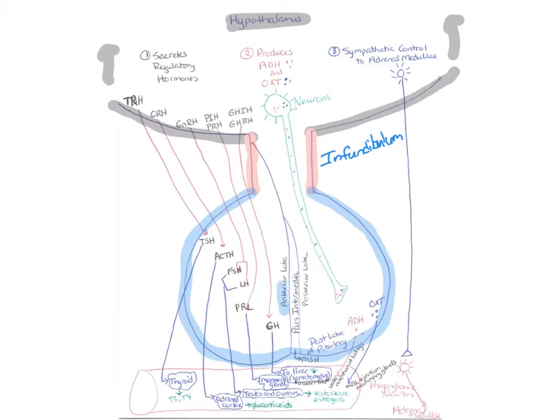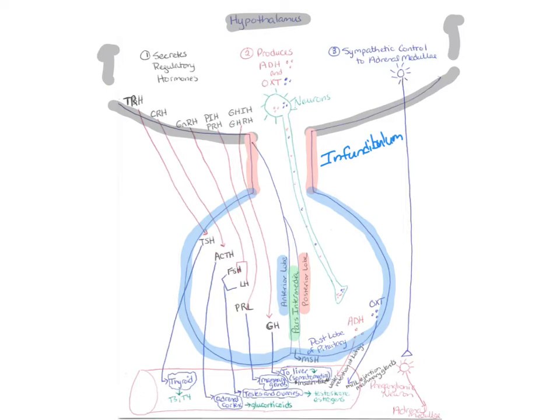Then there's a little tiny sliver of tissue in the middle, which is called the intermediate lobe, or the pars intermedia. And on the other side, there's another lobe that we call the posterior lobe. So we have three different lobes here, right? We're going to talk about the hormones from each lobe separately because they all do separate things.